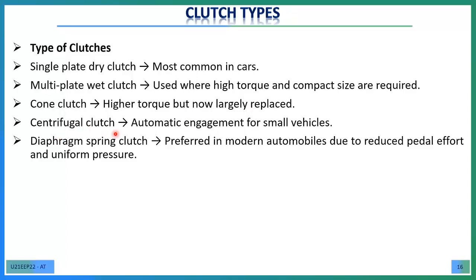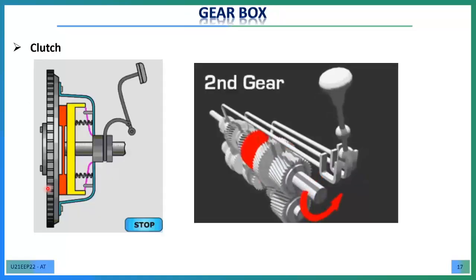The centrifugal clutch provides automatic engagement for small vehicles. The diaphragm spring clutch is preferred in modern automobiles due to reduced pedal force and uniform pressure. The type of clutch depends on the requirement and the basic application being developed.